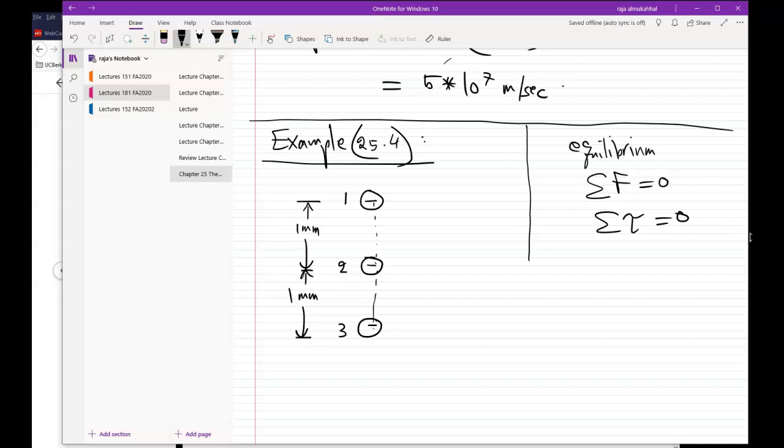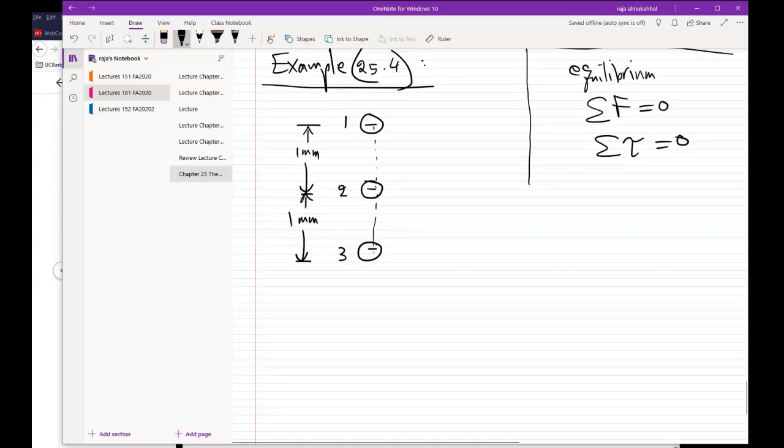There are two types of equilibrium. This is actually in advanced mechanics. One is called stable equilibrium, and the other one is unstable. I'm going to go over them very quickly. Imagine I have a bowl of cereal, and the bowl takes the shape of a hemisphere, half a sphere.